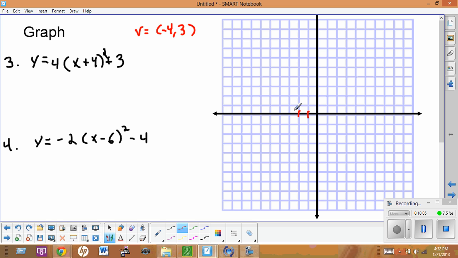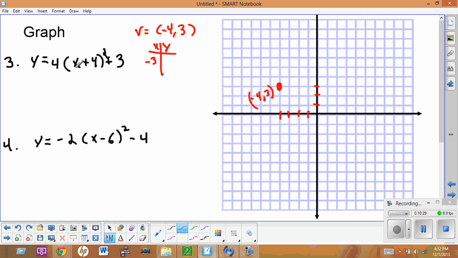Negative 4 is this direction. 1, 2, 3, 4. Positive 3. 1, 2, 3. So that puts us right about there. There's negative 4, positive 3. We need one other point. Again, any x and y you choose is okay. I like to go one less. So if that's negative 4, I'm going to go negative 3.